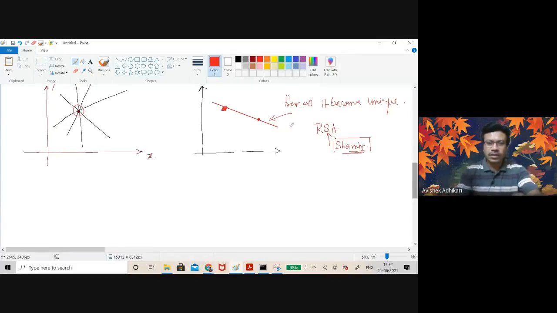The equation of this straight line must be of this form: y equals mx plus c. That means this is a 1 degree curve. For a 1 degree curve, you require at least 2 points on that curve. Suppose you have only these 2 points, then you can certainly uniquely determine the equation of the straight line.